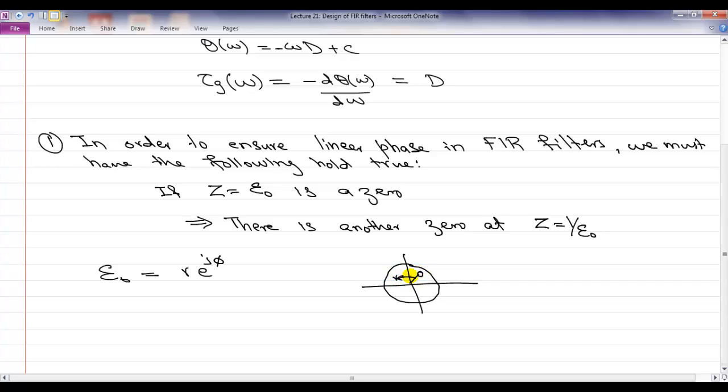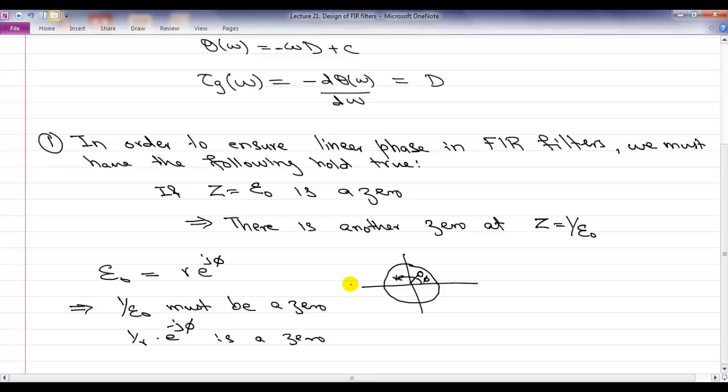So this distance is r, and this angle is phi. So the condition says that 1 over z naught must be a zero. Now what is 1 over z naught? Let's write it in terms of polar coordinates. So when you do 1 over z naught, you get 1 over r times e to the minus j phi. So you get another zero whose distance from the origin is 1 over r.